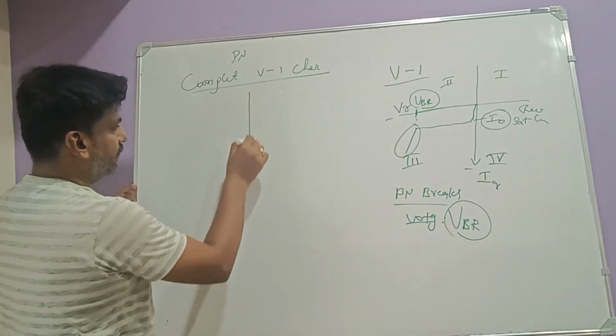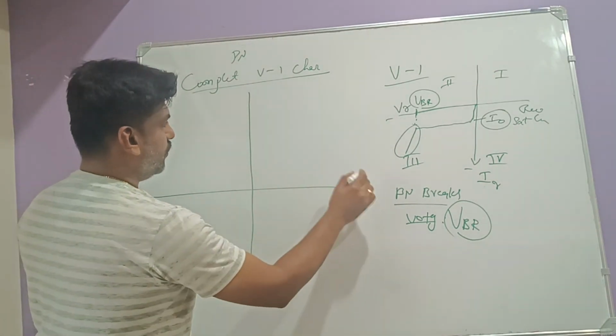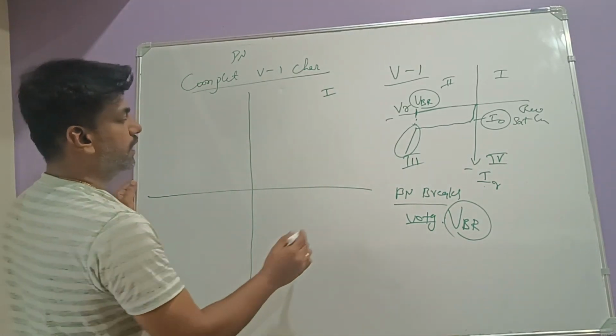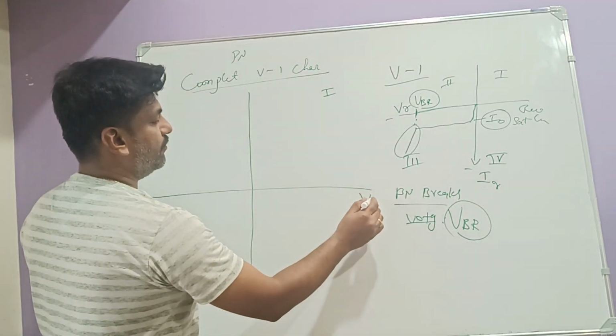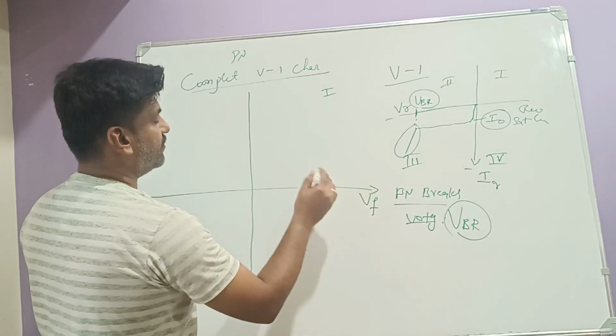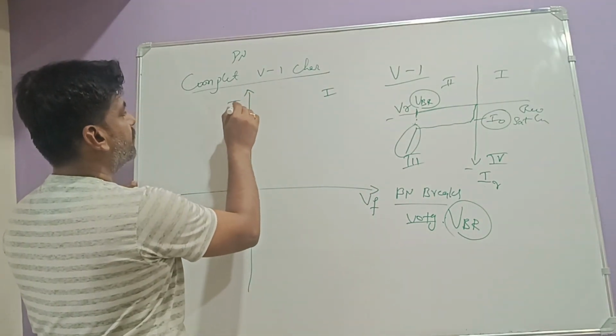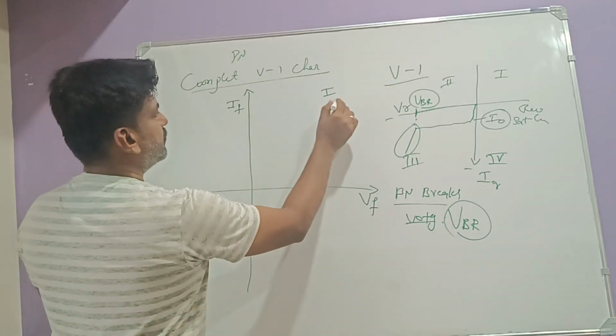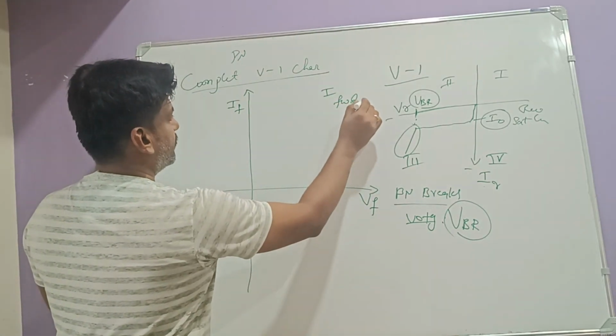We will draw the four quadrants. Very important are the first and third, right? In the first quadrant, we should draw the forward characteristics. In the forward characteristics, two important parameters are VF and IF. So this corresponds to the forward characteristics.